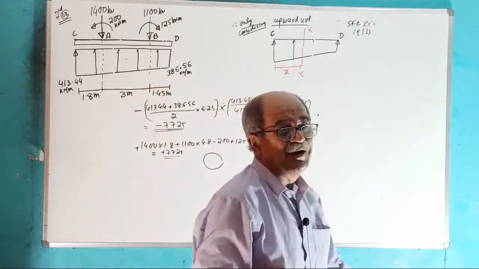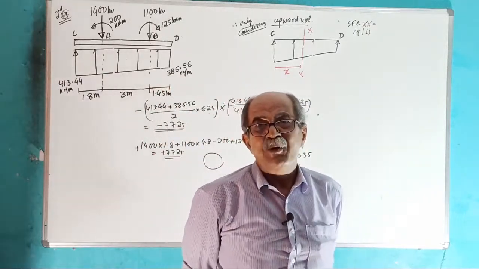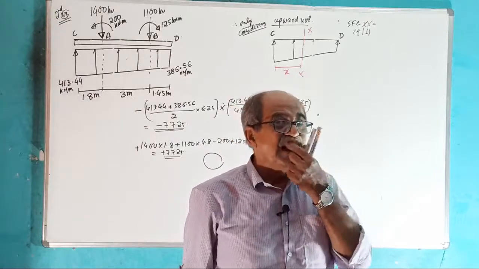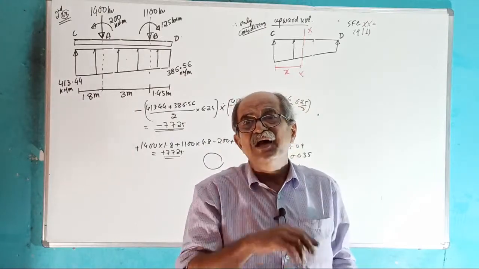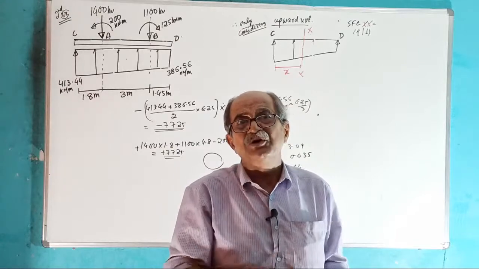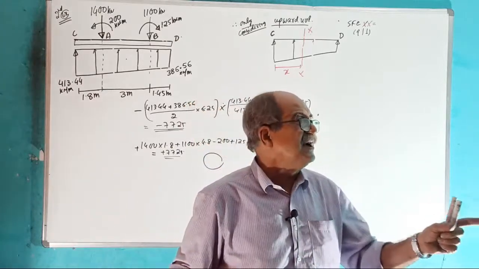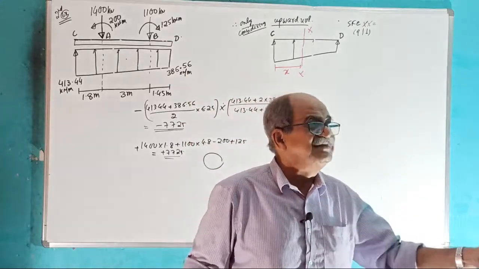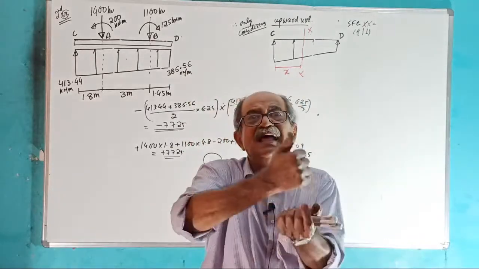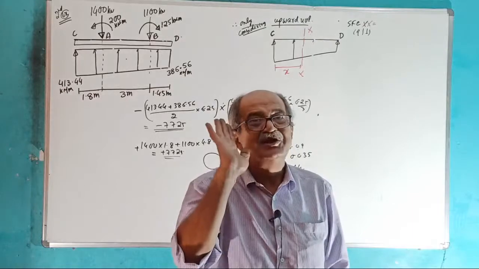Now I will not tell further, because if I keep on telling this way, suddenly I will be telling the answer for that Brahmastra question. Sigma M about that is 0, this reaction comes. Sigma M about this is 0, that reaction comes. Where is sigma V? I should be careful.